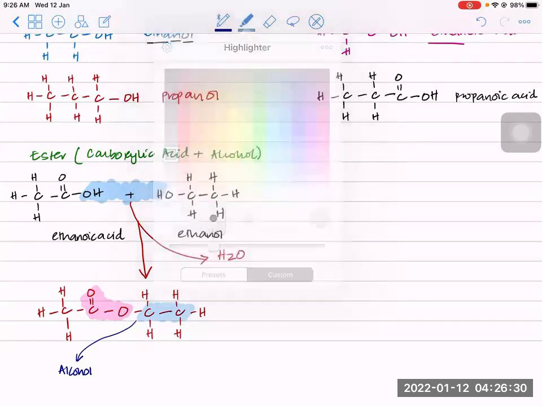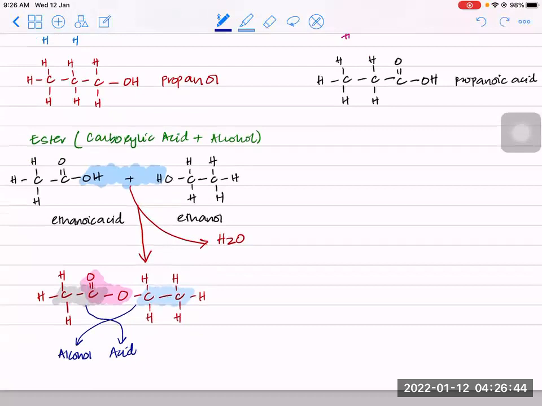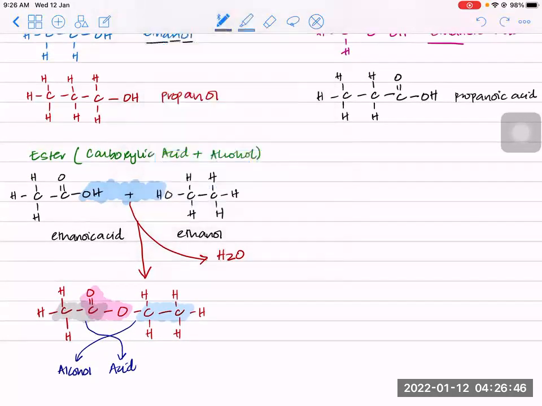And everything you see before the C double bond O or the C single bond O comes from the acid and is written later. Now, how many carbons do we have from the alcohol? 2. So we will call this what? Ethyl. Because 2 carbons, we won't call it ethanol, we'll just call it ethyl.